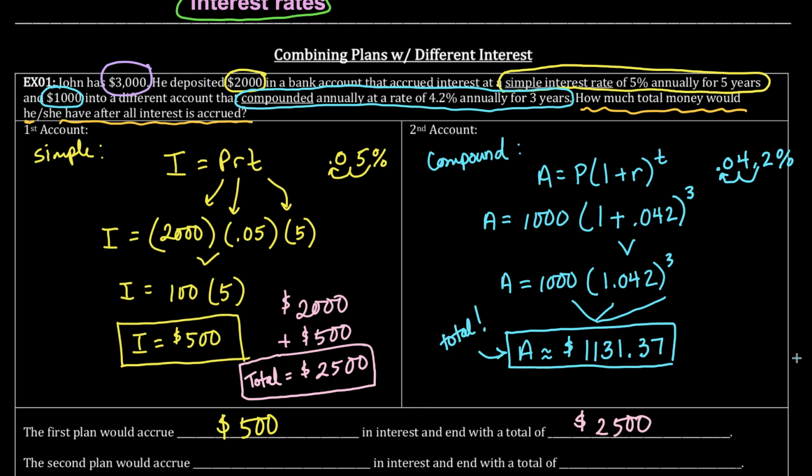Well, we started with this, so we've got to subtract this time. 1131.37 minus 1,000 gives you $131.37, approximately.